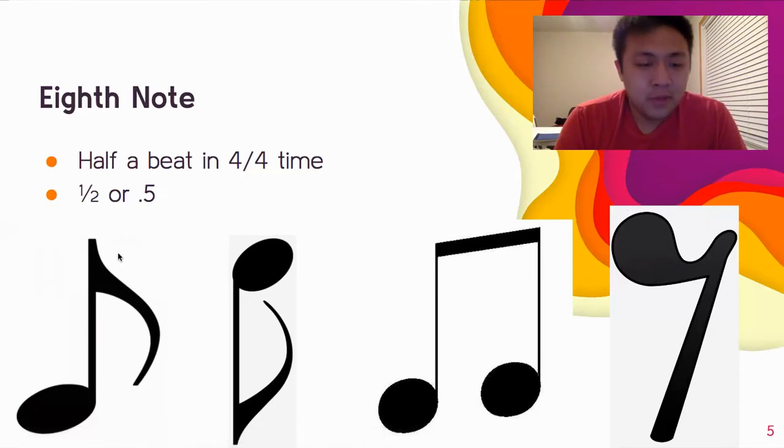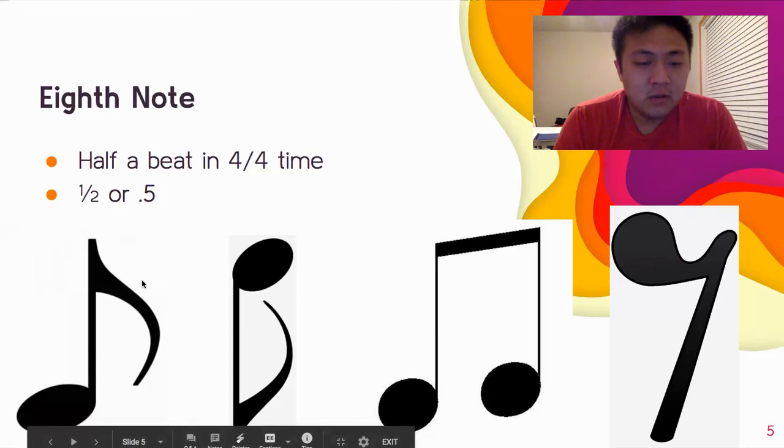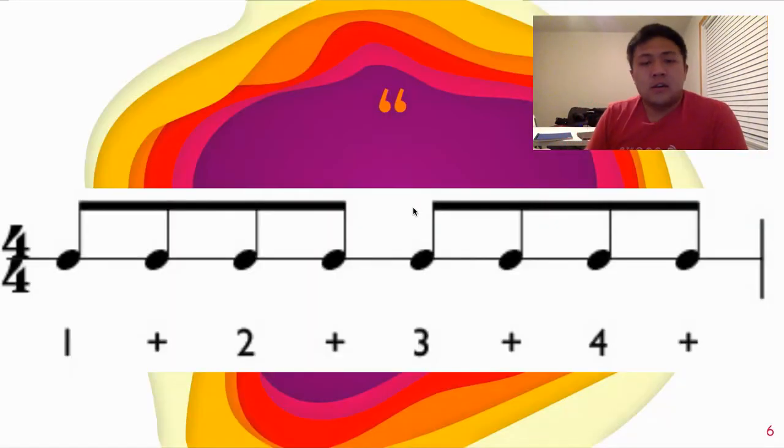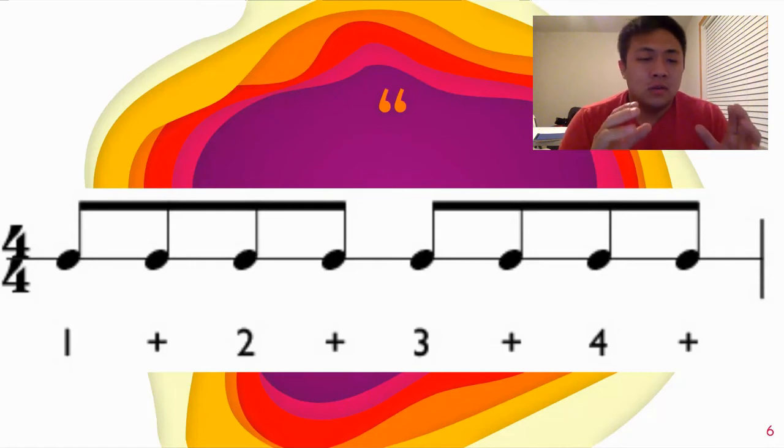So again, it'll either have 1 tail, or it'll have this beam and it'll only be 1 beam on top. That's your eighth note. That's what it looks like. And again, it gets half a beat in 4/4 time, 1/2, or you can do 0.5, however you want to think about that.